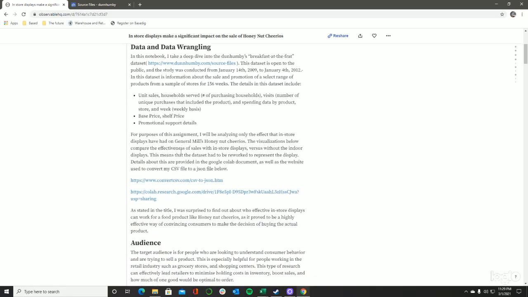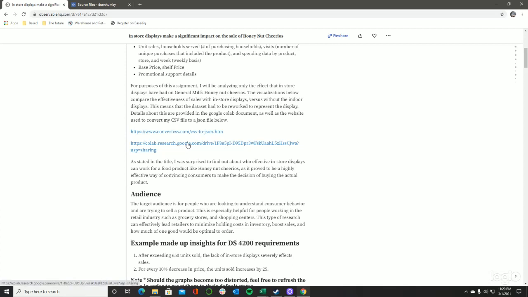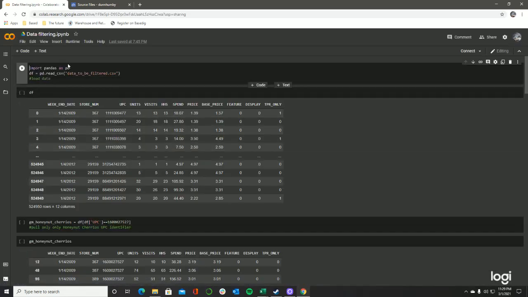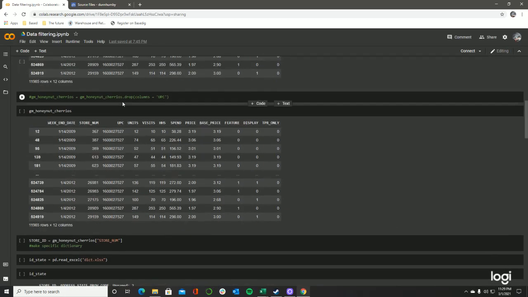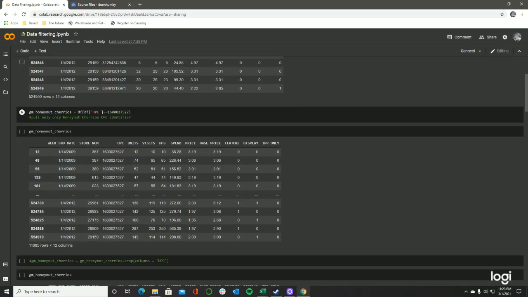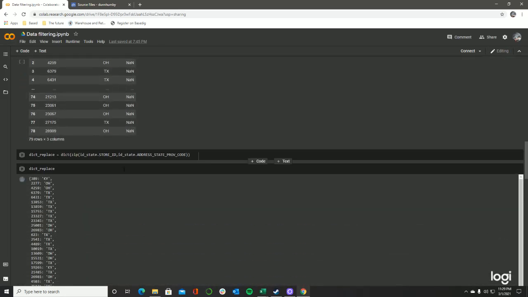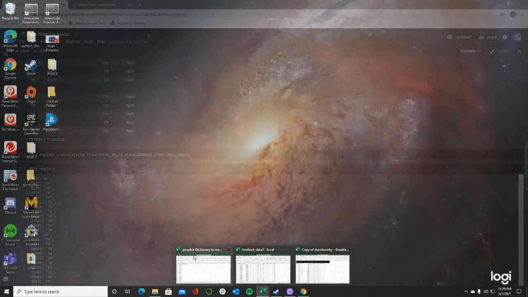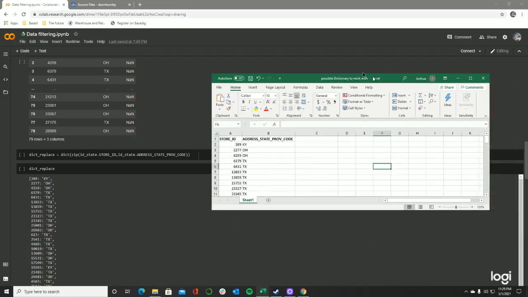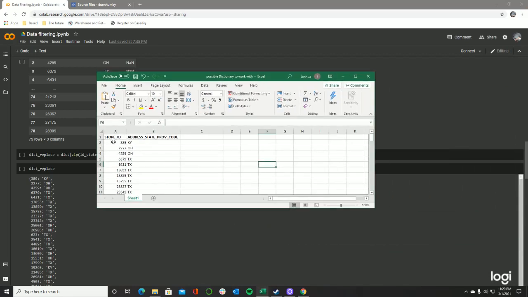If you want to learn more about the conversion process, I used a free online converter to convert CSV to JSON, then in this Google Colab converted all the data into a readable format, used a UPC value that identified Honey Nut Cheerios, and also used a dictionary that I created, which took the regular values in the table and reduced them to store ID and date provider code.